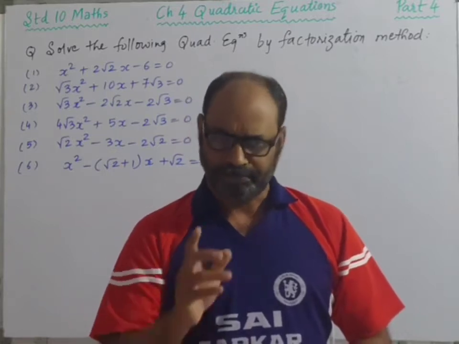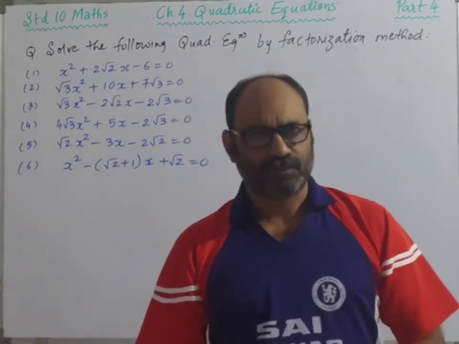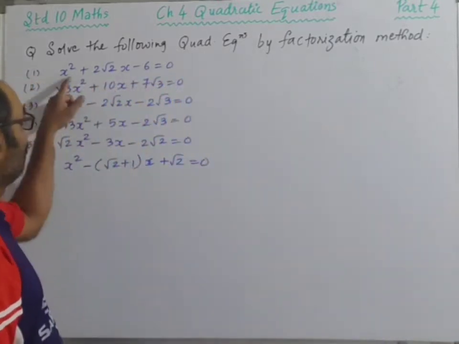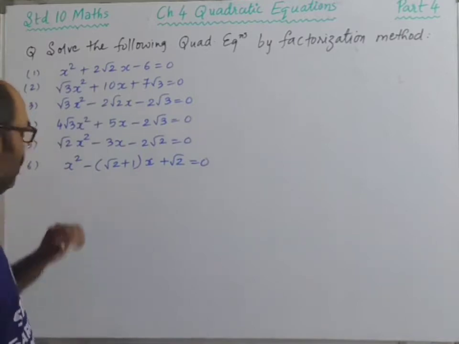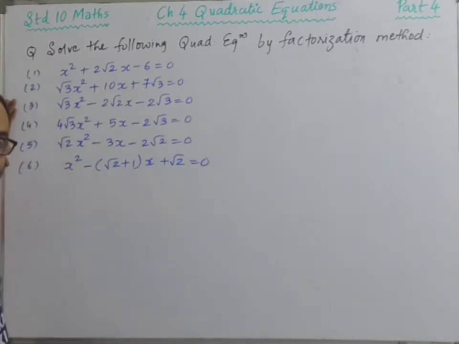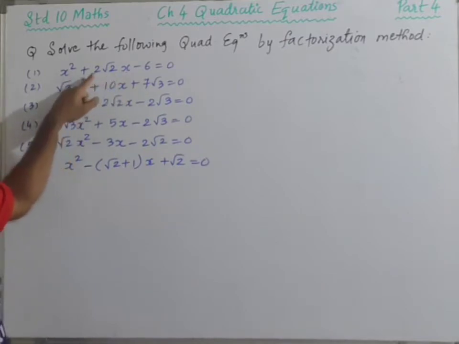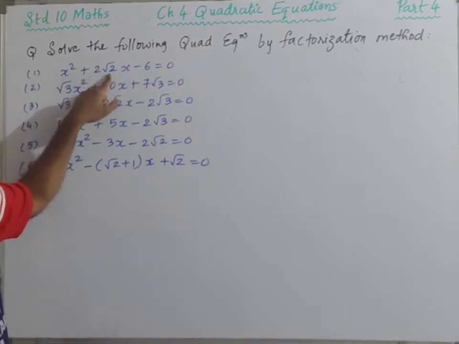Alright children, we have solved quadratic equations, but not where the coefficients are irrational. I have given you 6 quadratic equations here, but you can see the coefficient of x is 2 root 2, and that root 2 is irrational.